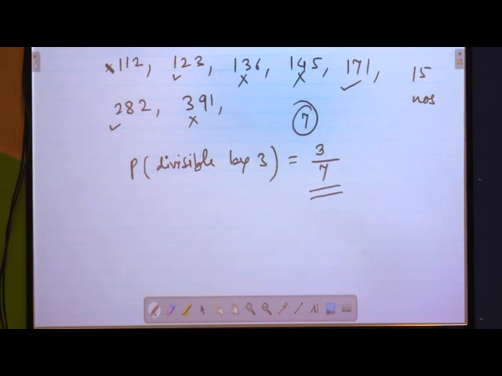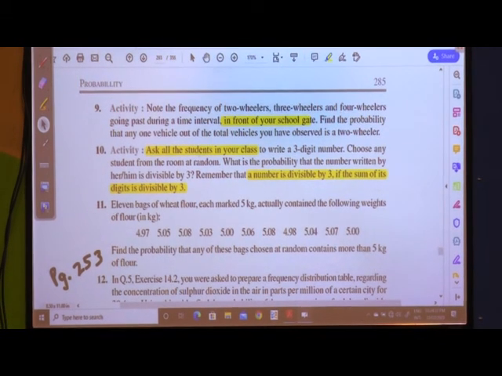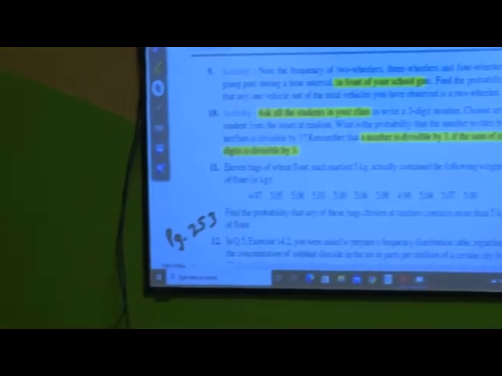You people can do both these activities, the 9th question and the 10th question, in a proper way, and you can find out the probabilities. I think these activities are really interesting and real time, and they will be very joyful for you.